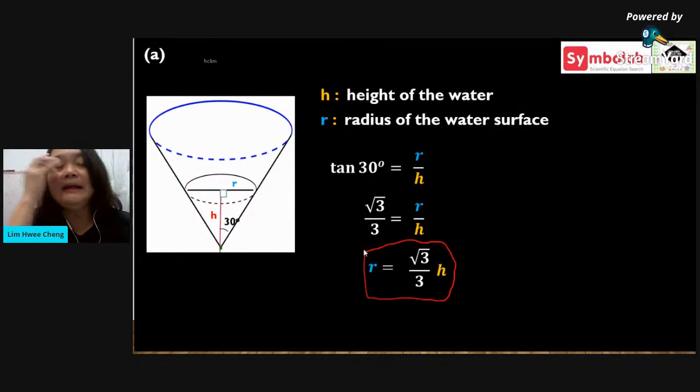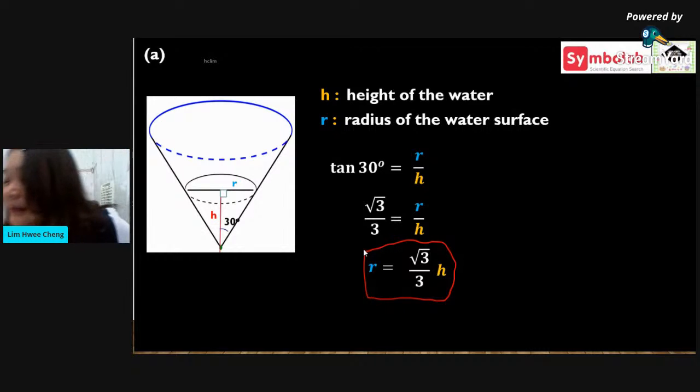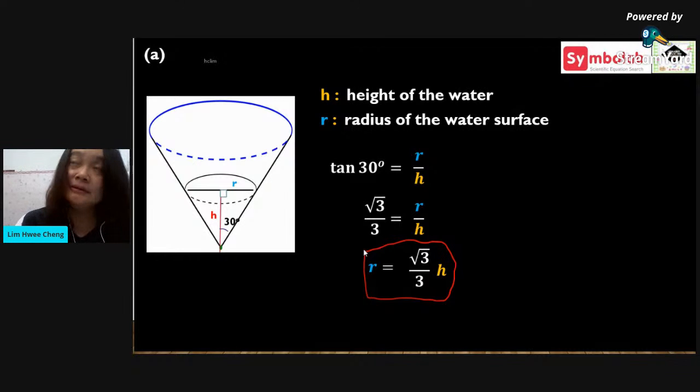Can somebody tell me what is the volume formula for the cone? Those on Google Meet, because those on YouTube cannot speak. Pi r squared, then h over 3.